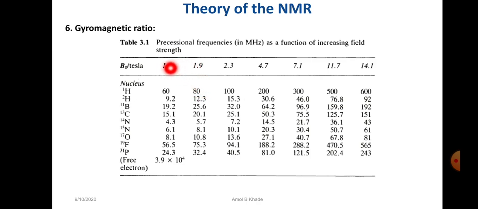You can see here we have given this in tabular form in increasing order from 1.4 to 14.1 Tesla as the applied magnetic field B0, and for all these NMR-active nuclei, the precessional frequency keeps increasing with respect to the applied magnetic field.